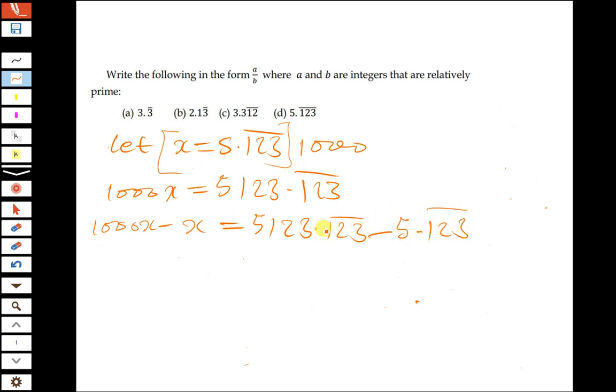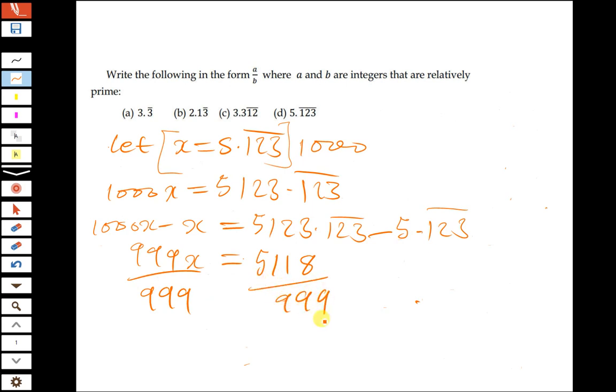So subtracting these two numbers, 1000x minus x you get 999x is equal to, when you subtract 5123.123 minus 5.123, the answer you get will simply be, because you're just subtracting 5 from this number, something like 5118. So from there you can divide everything by 999 over 999 to get the value of x.